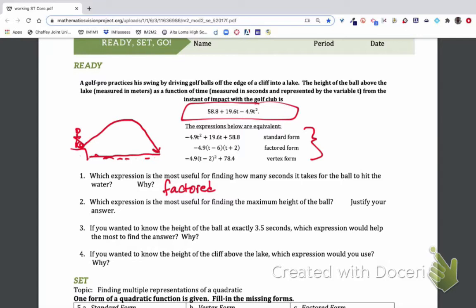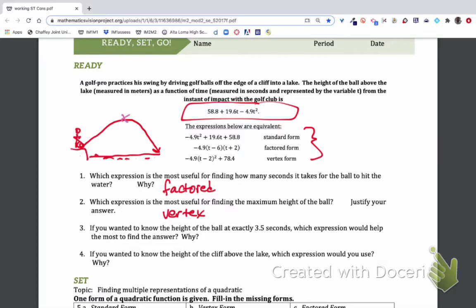The maximum height of the ball would be right here, or thereabout. And if you're looking at this, yes, you're right. Using vertex form would be the most effective way to measure the maximum height of a golf ball.